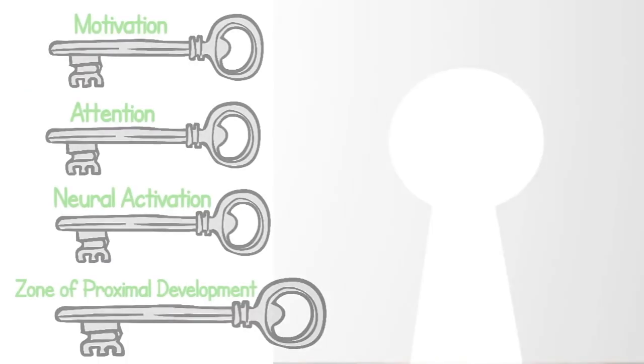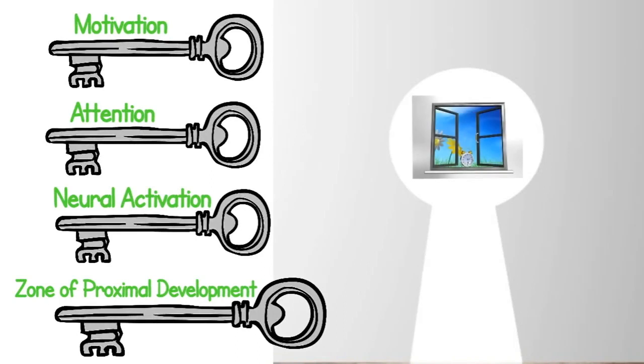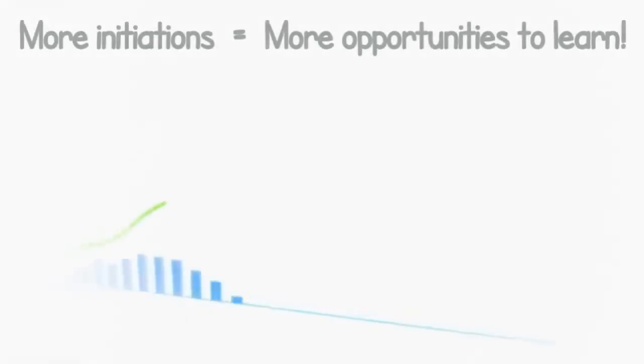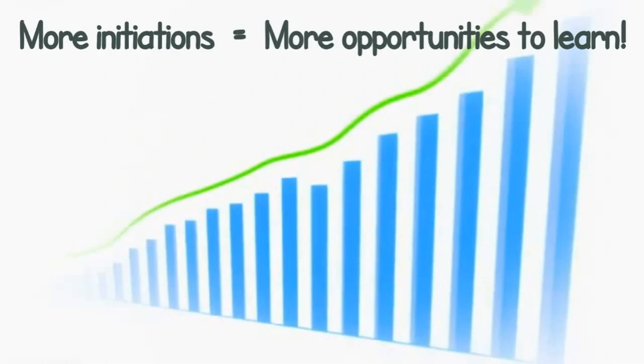Each communicative initiation contains key ingredients that enhance learning moments for your child and offer a special window of opportunity for us to teach our child about talking. We will expand on this in the latter half of the course. A message to take home now: the more your child initiates, the more opportunities you have to teach them about talking.